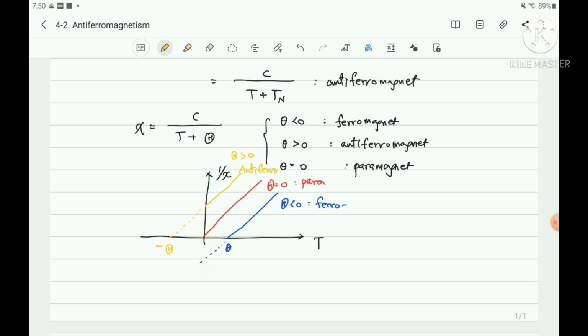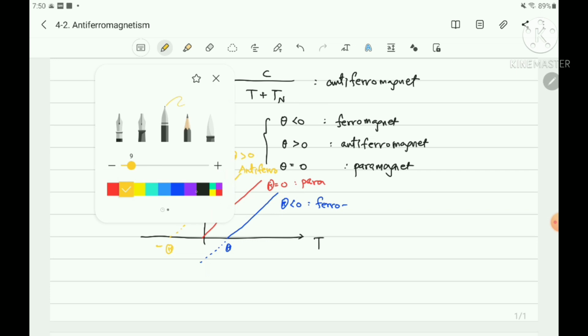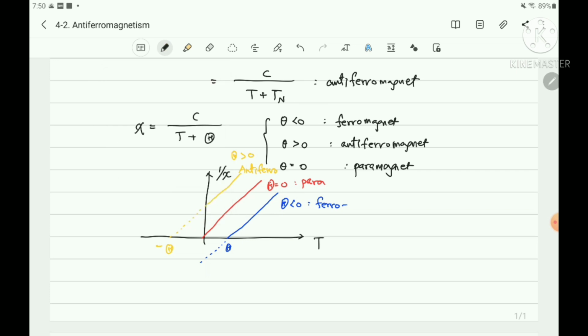Anyway, from this we can write 1 over chi is T plus zeta over C.